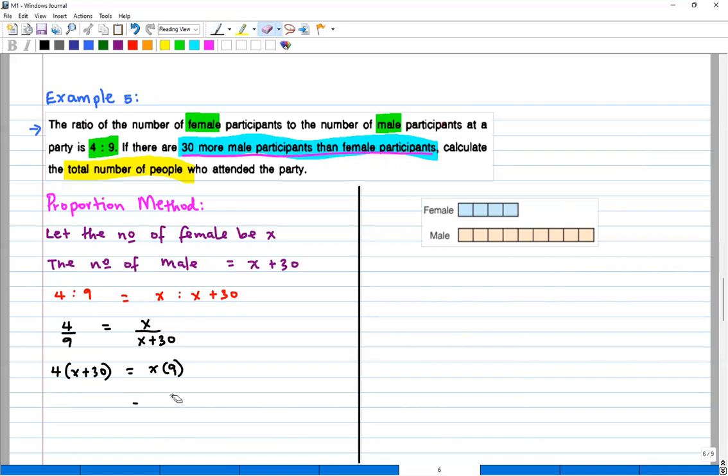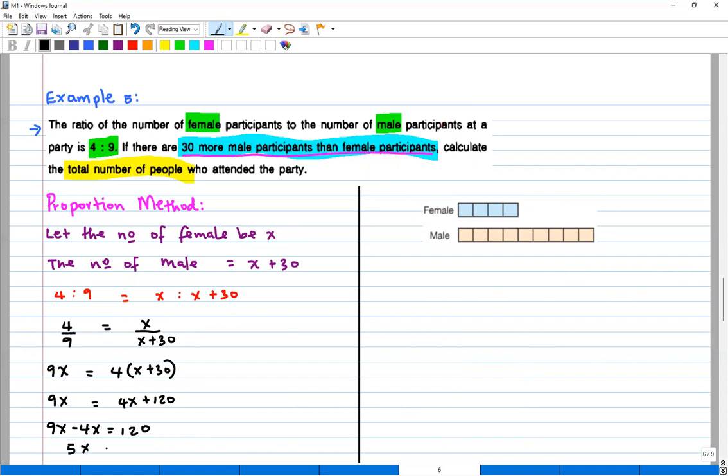Let's rewrite it like this. Still, it has no problem, but this will be easier. 9 times x, that will be 9x, and 4 times x plus 30. So that we have 9x is equal to 4x plus 120, and 9x minus 4x is 120.